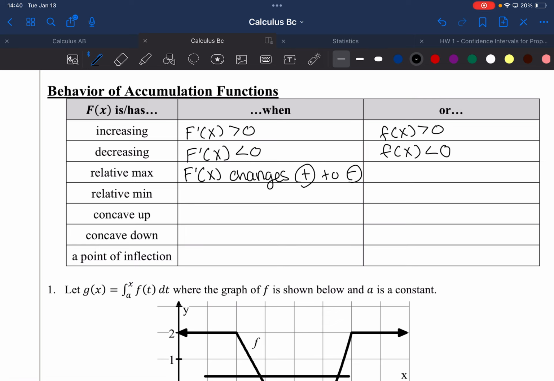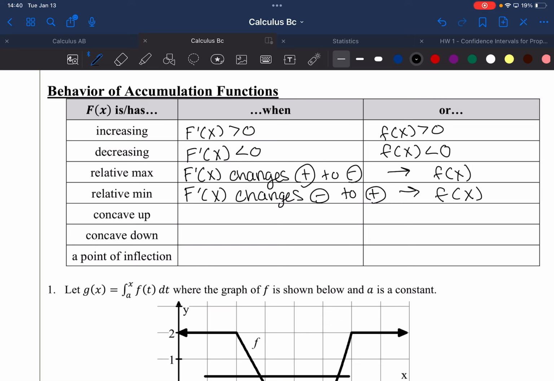And this is going to be the same with f of x. So f of x is also changing from positive to negative for the relative maximum. Okay. Relative minimum is going to be the opposite. So we're changing from negative to positive. And again, this is the same for f of x.